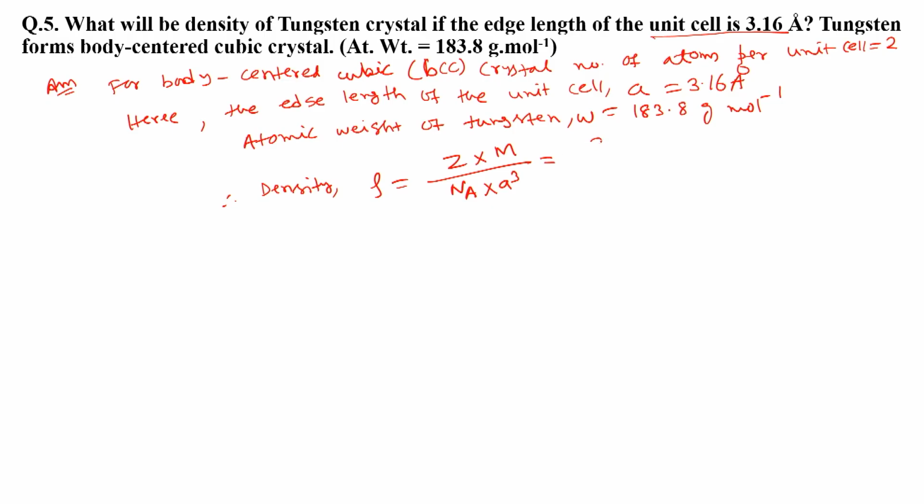Now Z is 2 here, and M is the molar mass or atomic mass, 183.8, and Avogadro number is 6.022 times 10 to the 23, and A cubed means 3.16 raised to the 3.